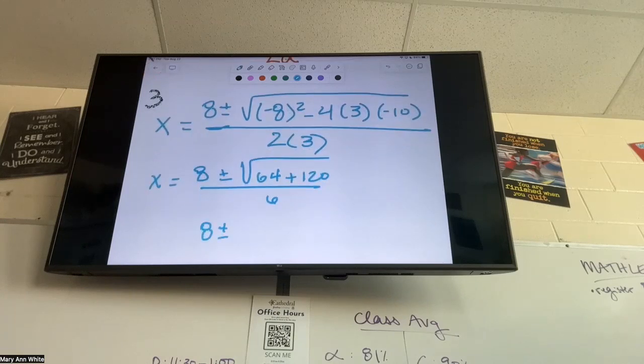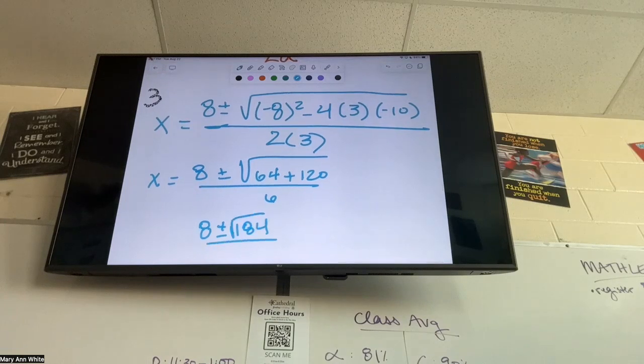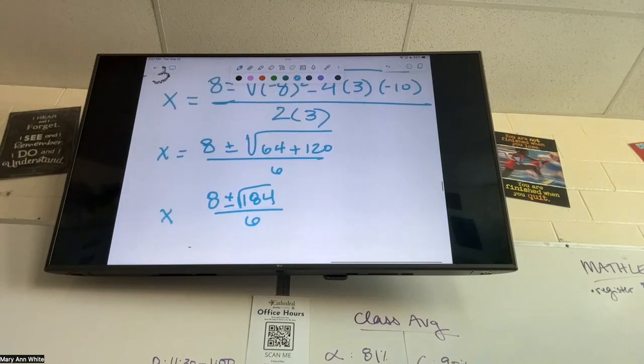64 plus 120 is 184. Now we always simplify our radical, so I'm gonna go off to the side and see if I can simplify 184 down. I know it becomes 92. 92 I can also divide by 2 to get 46.